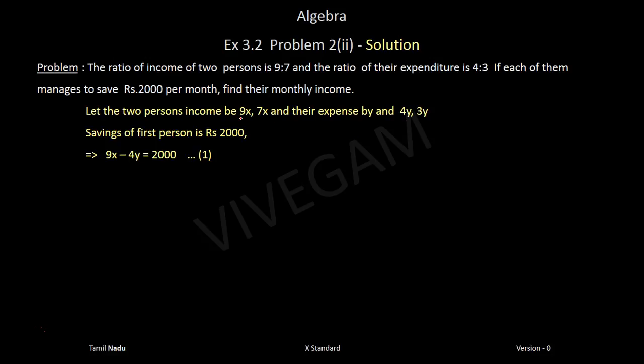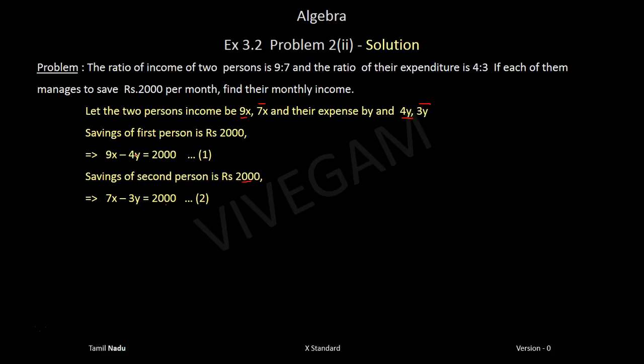For the first person, income is 9x and expense is 4y, so 9x minus 4y equals his savings, 2000. For the second person, income is 7x and expense is 3y, so 7x minus 3y equals the savings of 2000.